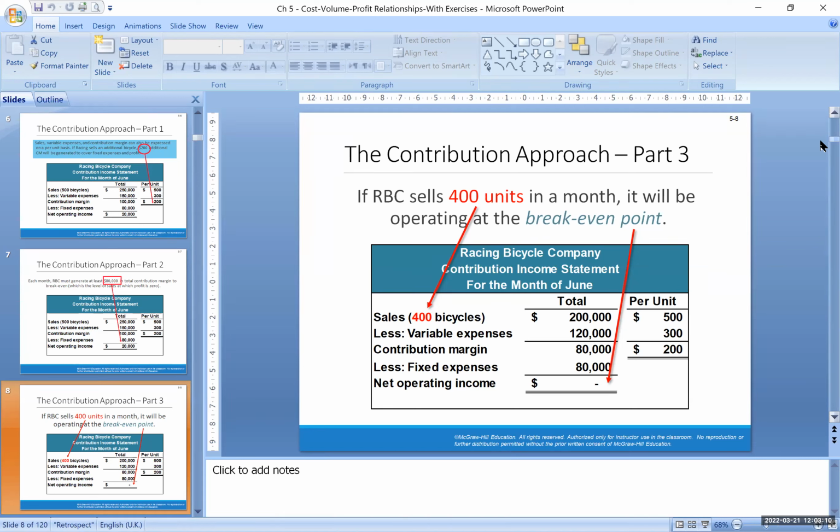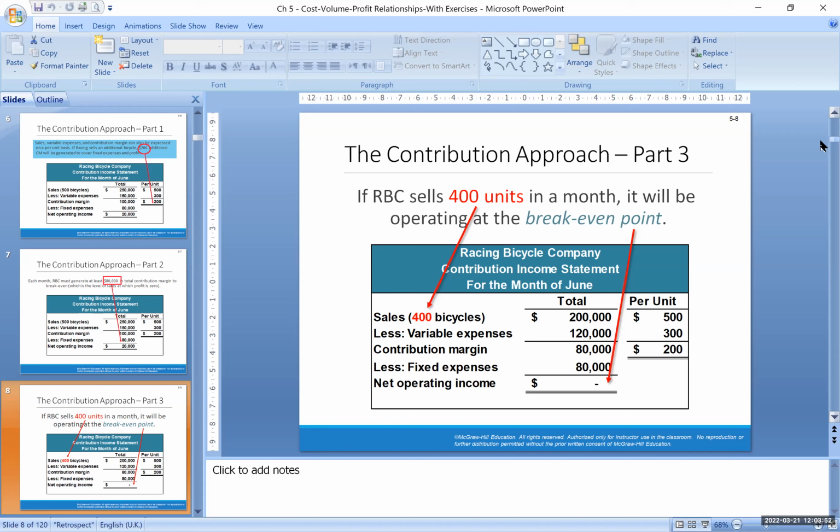In another way, the sales, which is $200,000, can cover both the total fixed cost first, which is $80,000, and the total variable cost in this example, which is $120,000. The total will also be $200,000. So if the total revenues equal the total costs, this situation is called a break-even for the company.